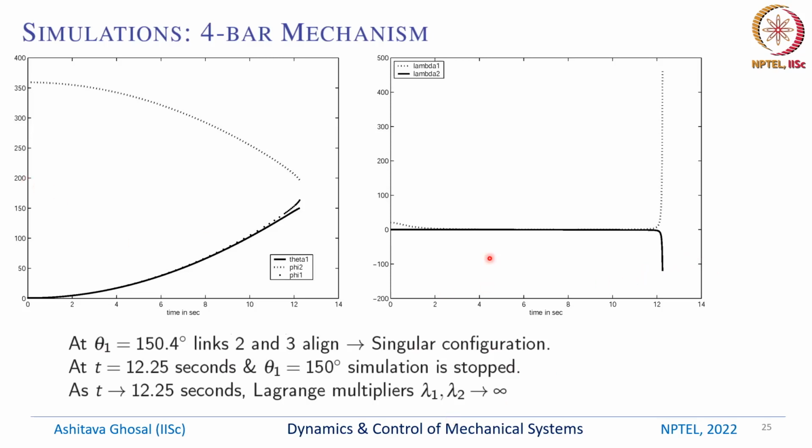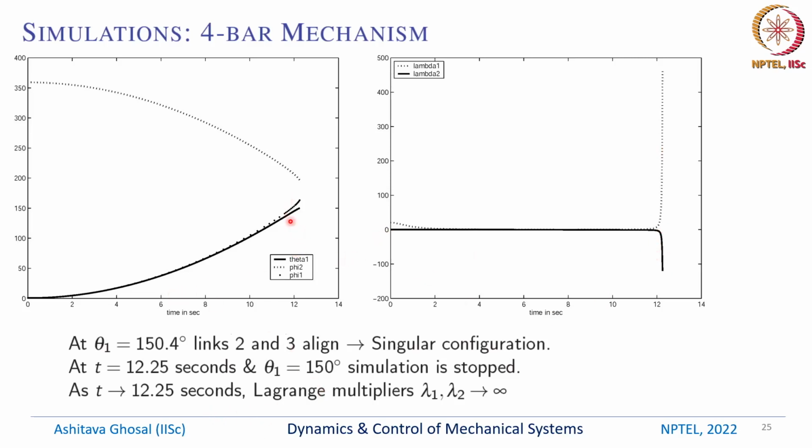So the useful thing in this simulation is that I can find out exactly when this 4-bar will become like a triangle, when these two links will align and lock, and then we have a triangle. That is approximately 12.25 seconds. And then we can also find out what are the forces which your joint should see at around 12.25 seconds.